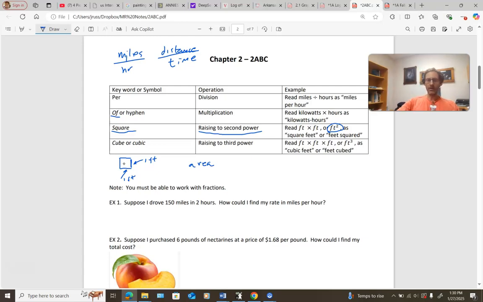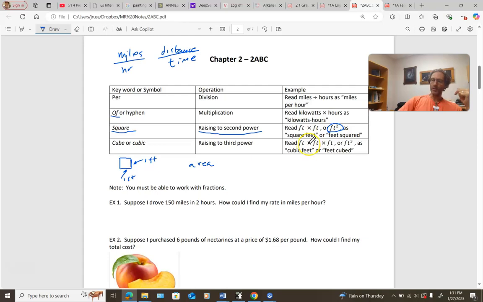Now what about cubic? There are other square units, by the way, square yards, square meters, and those would be squares in which each side measures a yard or a meter. There could be a square centimeter.